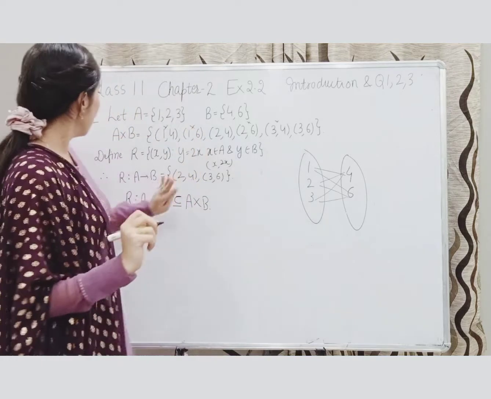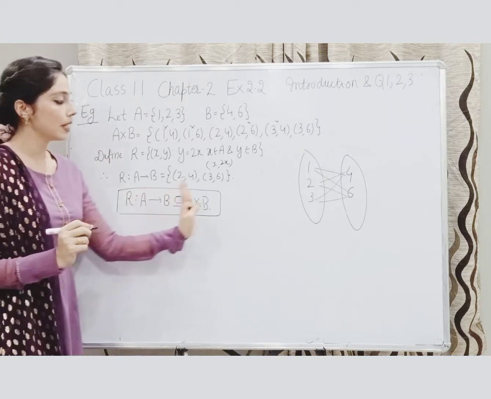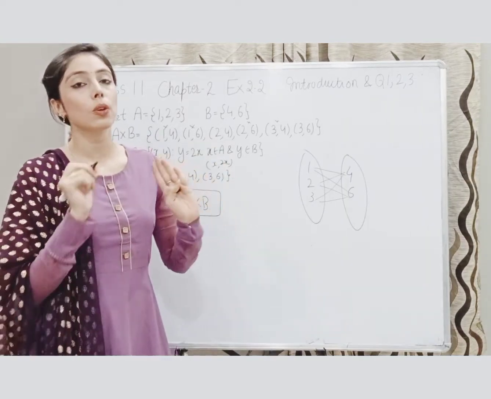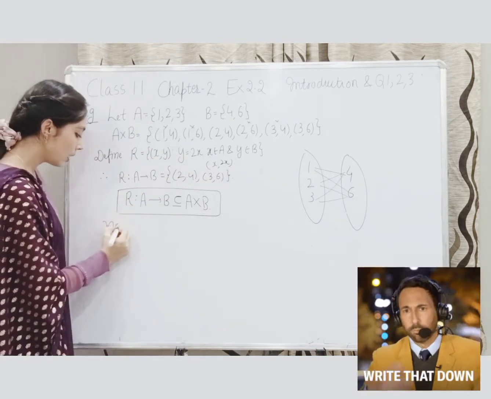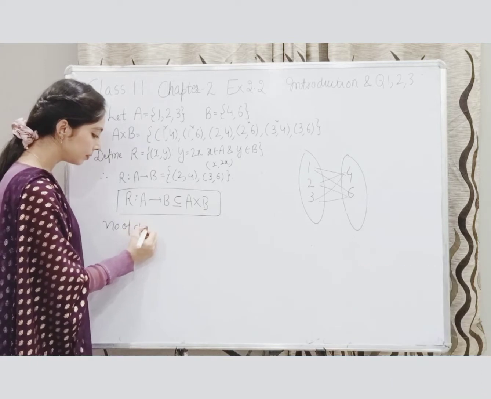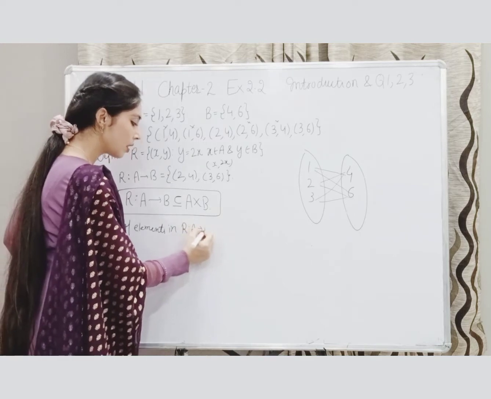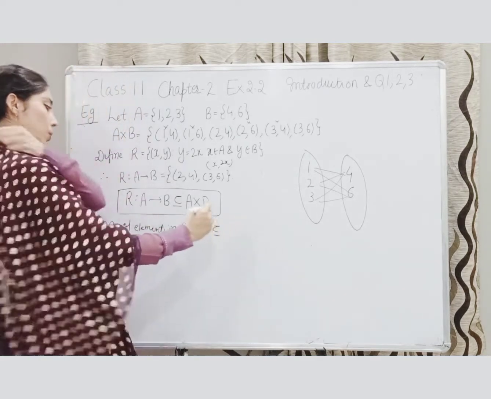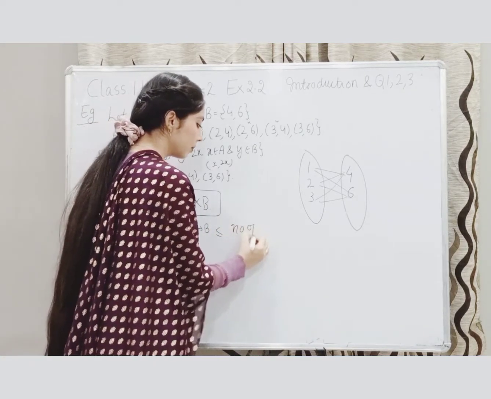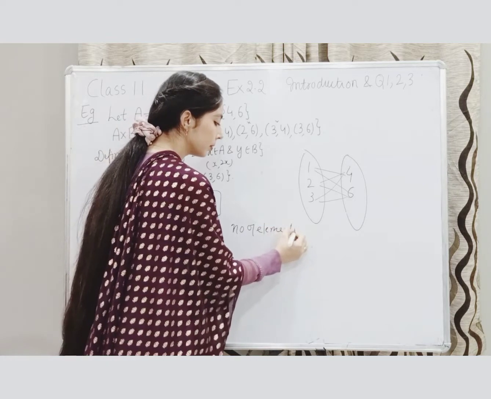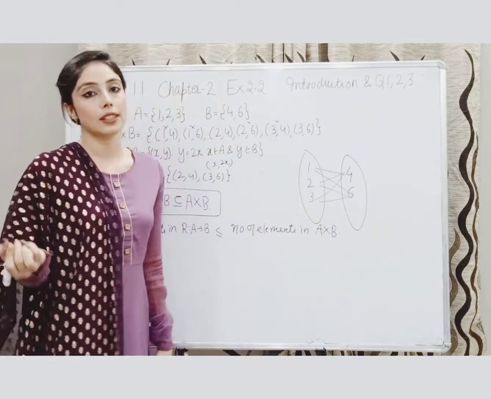By this example we can observe that the number of elements in the relation will be less than or equal to the number of elements in the Cartesian product of A and B.